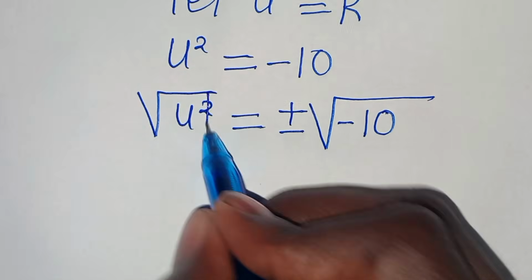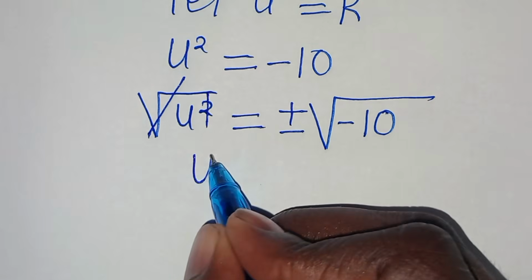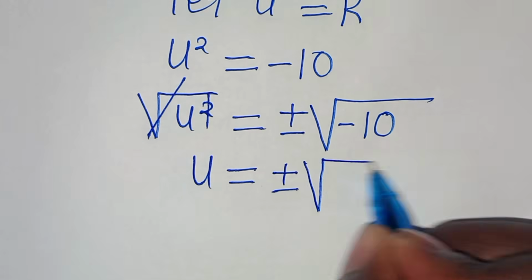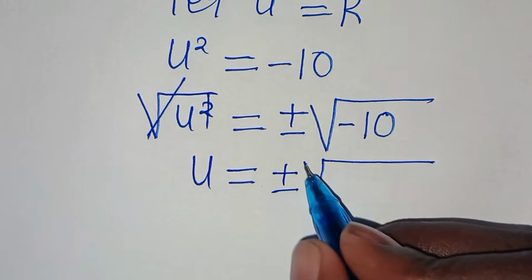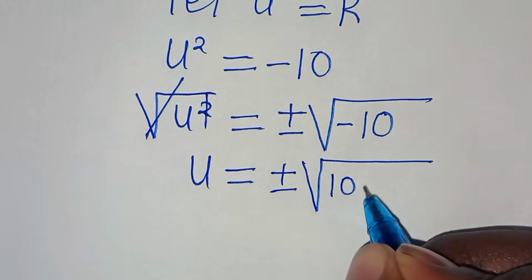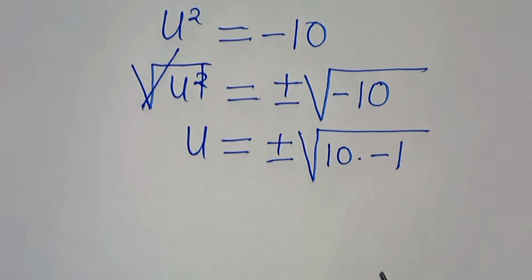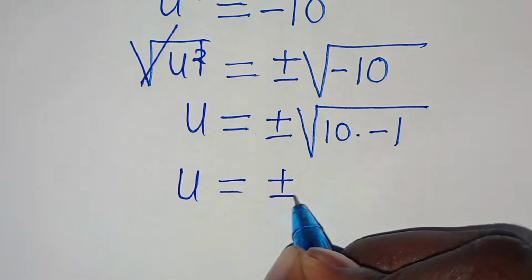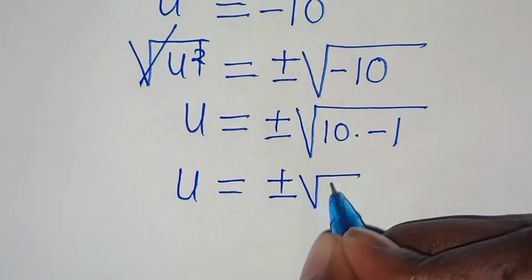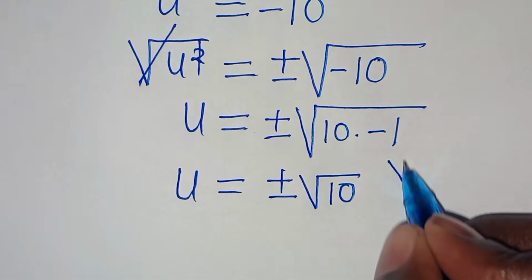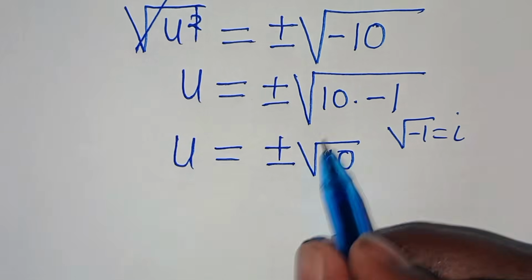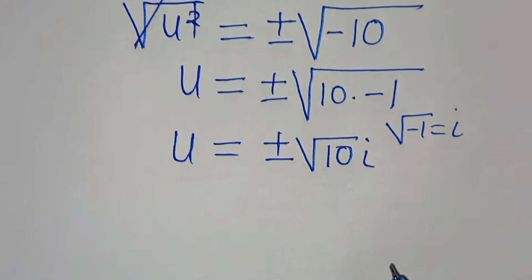Now let's eliminate the square root sign here, so that we have u is equal to plus or minus the square root of negative 10, which you can express as the square root of 10 times negative 1. So this is to imply that u is equal to plus or minus square root of 10, square root of minus 1. This is equal to i. So we have plus or minus square root of 10i.